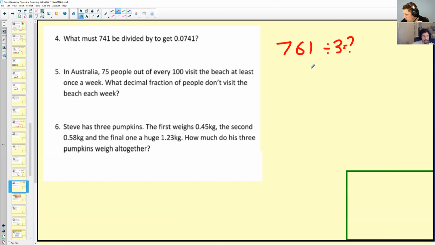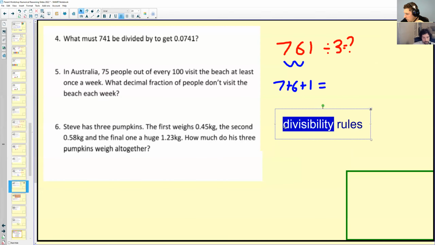Knowing that if you add the numbers together, so 7 plus 6 plus 1, if that total gives a number that is divisible by 3, then yes, it is divisible. It's what we call, I'll type this out, the divisibility rules, which are well worth looking up.